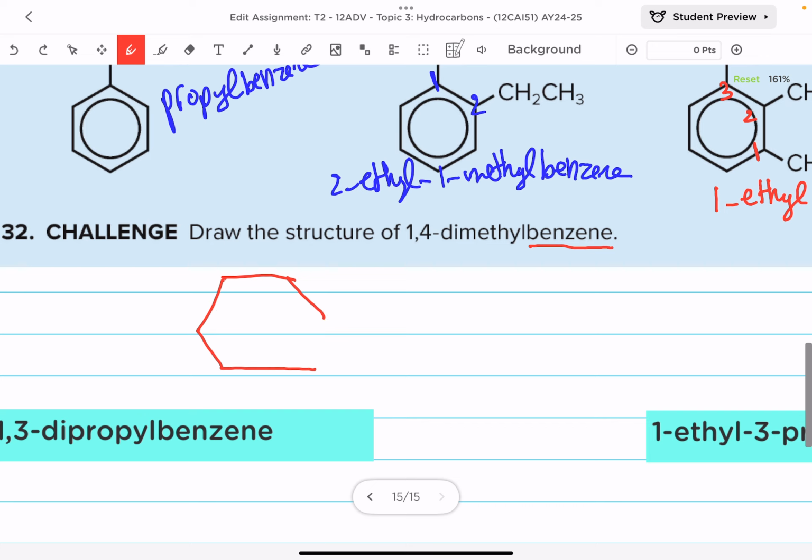They're all correct. You can also do it in this way. So here's a benzene. On the first and the fourth carbon, I have a methyl group.